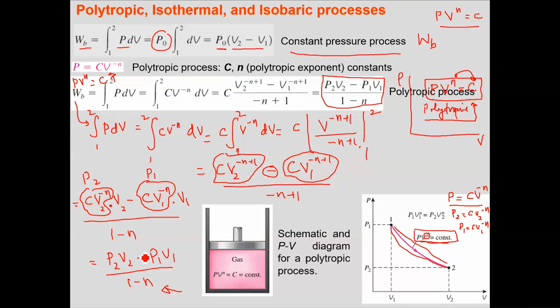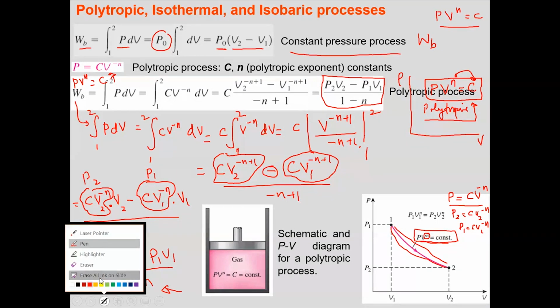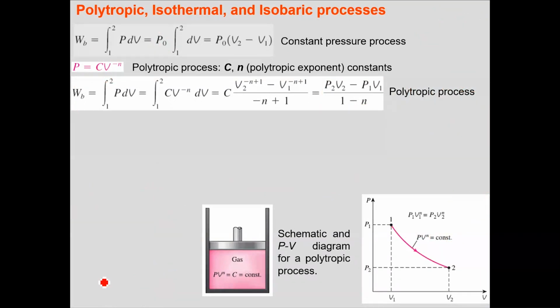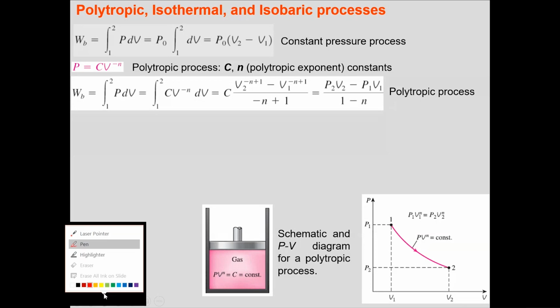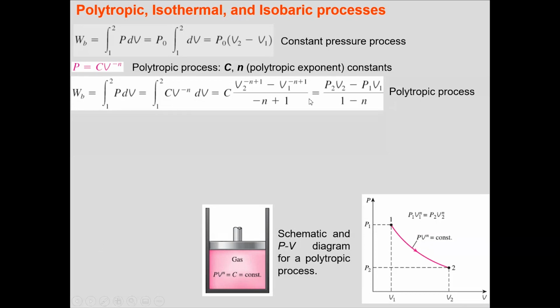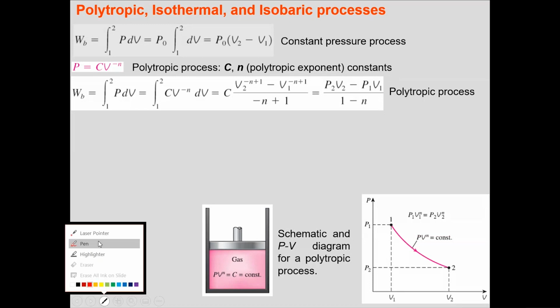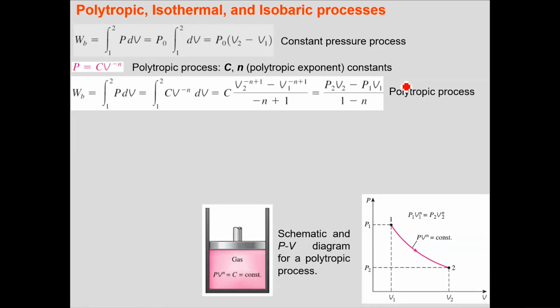Once n determines the shape of the curve, the boundary work would change. Clear enough? Yes, sir. All right. So for a polytropic process, the boundary work is basically this expression, which is dependent upon the value of n.